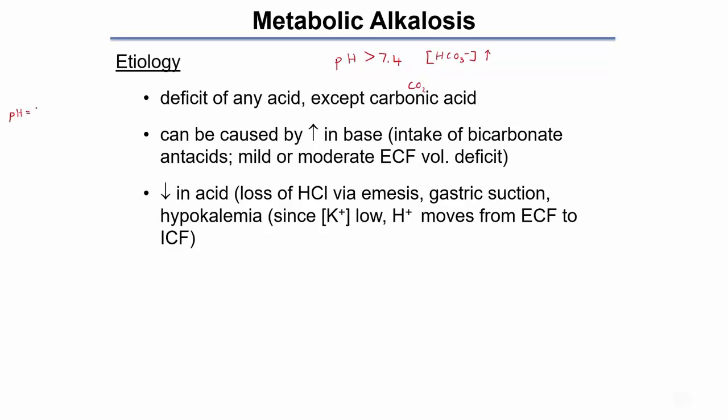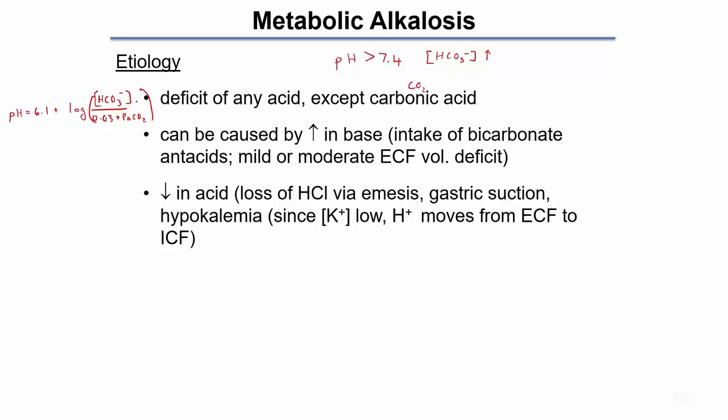Again, you don't need to know this, but it's 6.1 plus the log of bicarbonate over 0.03 times PaCO2. We need to make a big bracket here. So a deficit of acid means that we're not buffering as much of the metabolic acids in the body.